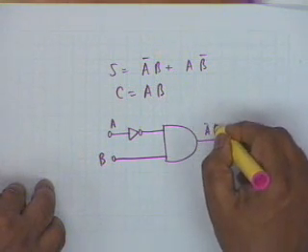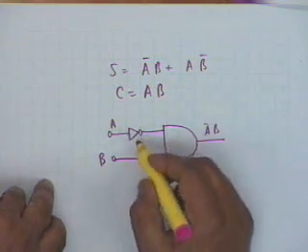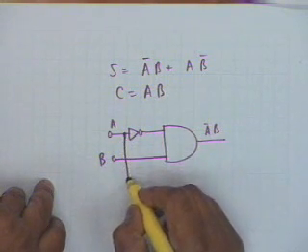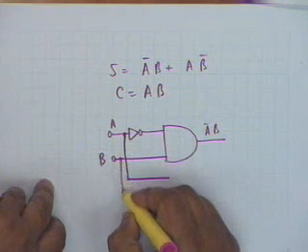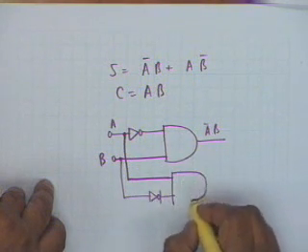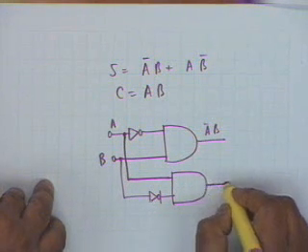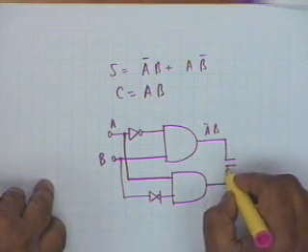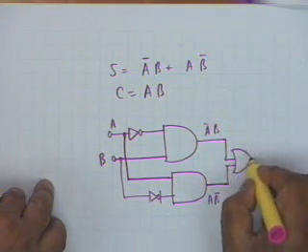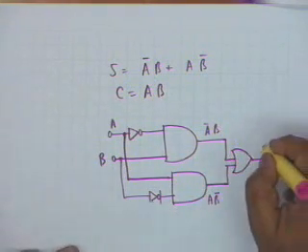This is A bar B. Similarly, I have A and B with a NOT gate, another AND gate, and these two outputs are to be ORed. Therefore, I require another OR gate. And this is S.